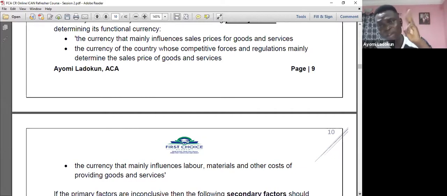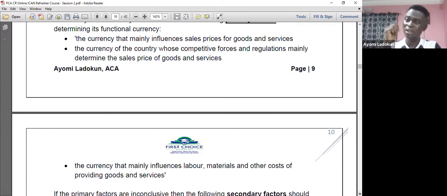So those three primary factors need to be considered before an entity can determine its functional currency. IAS 21 was quick to say that after applying the primary factors, if an entity still cannot determine its functional currency, then it should apply two secondary factors.